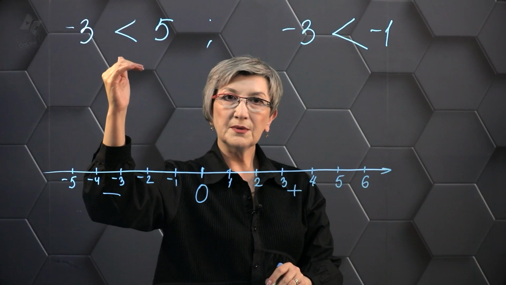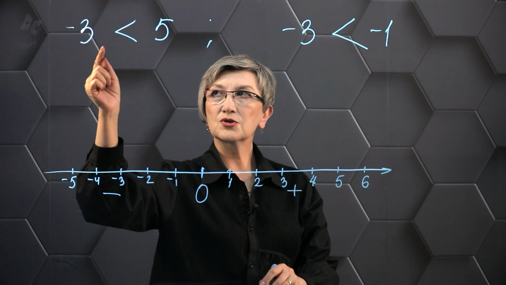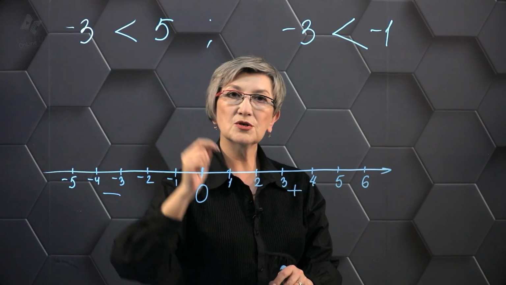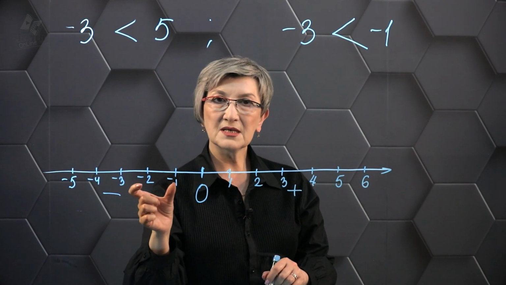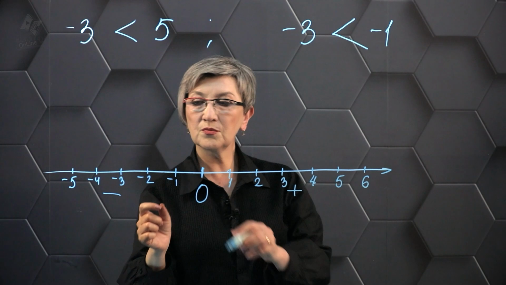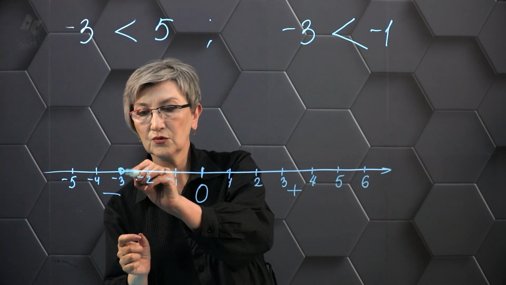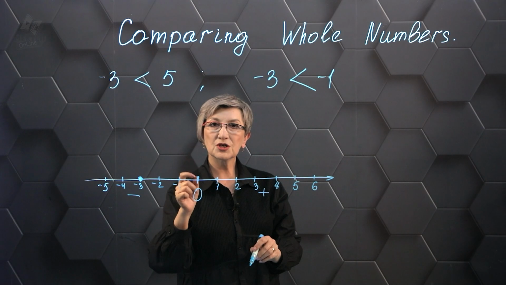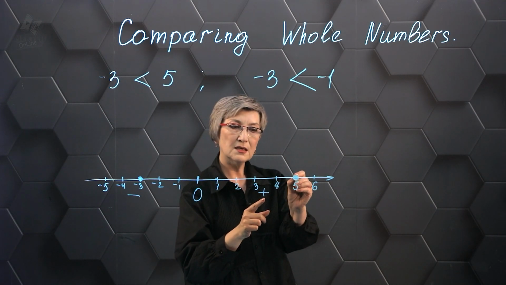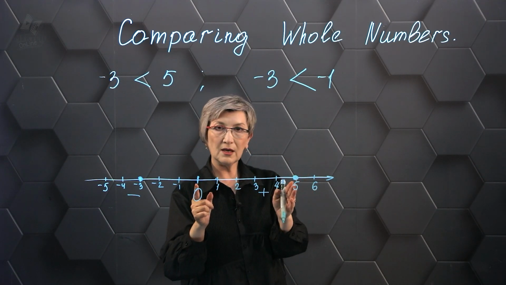Let's move on to our example. You and I have decided that the number -3 is smaller than the number 5. Why does that happen? Let's mark the number -3 on the coordinate line. Here's the point with the coordinate of -3, and the point at coordinate 5 is to the right of 0.